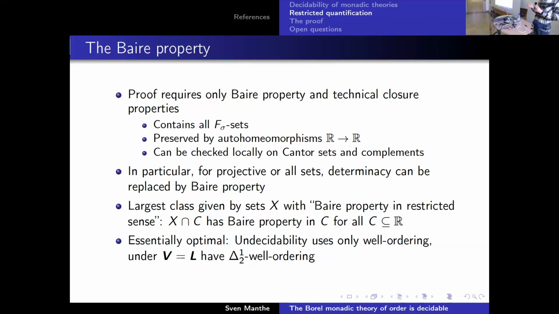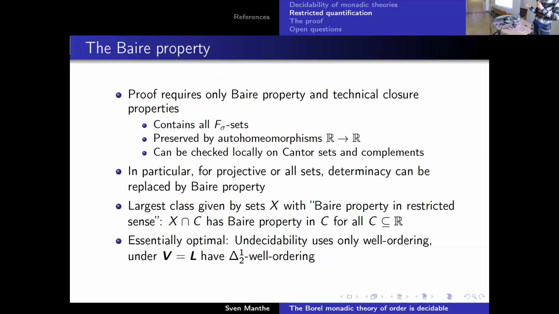Namely, the proof requires not really all that we are talking about the Borel sets, but only to have a class of sets which satisfy the Baire property and are stable under some specific operations. We would at least like to have the F sigma sets, because we use them to build all our canonical models of formulas.